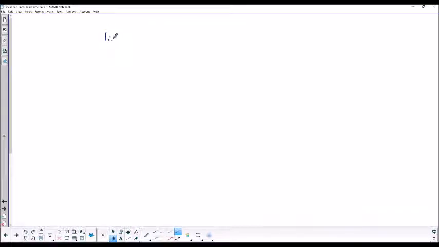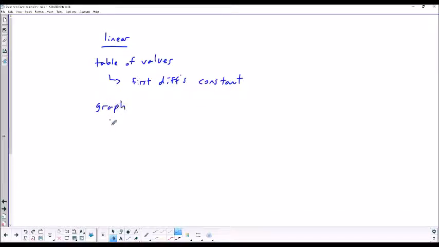So for linear relations, in the table of values, the first differences are constant. And a graph is going to be a line.